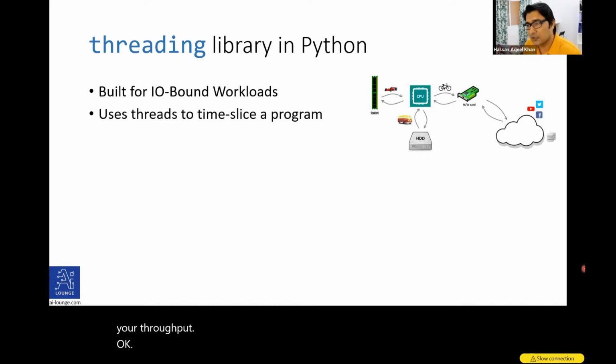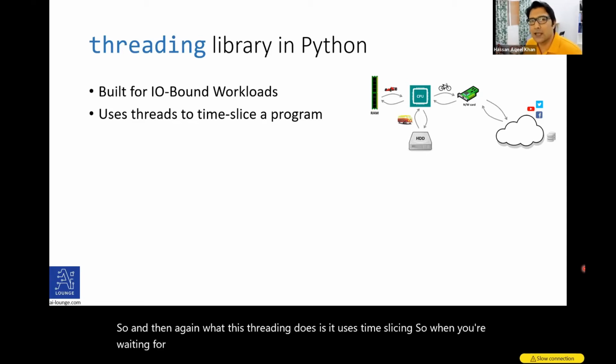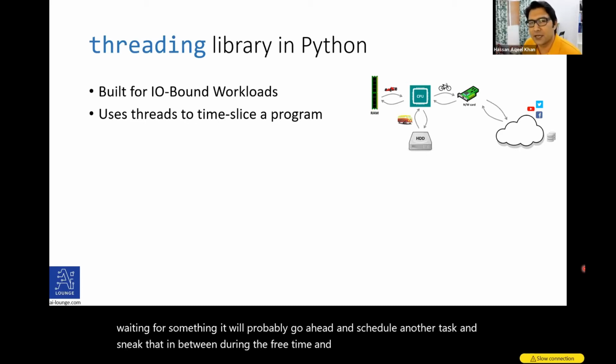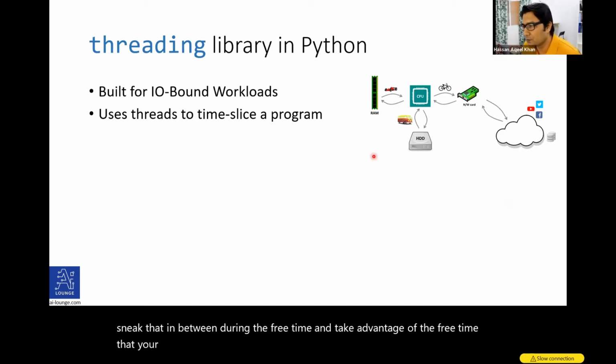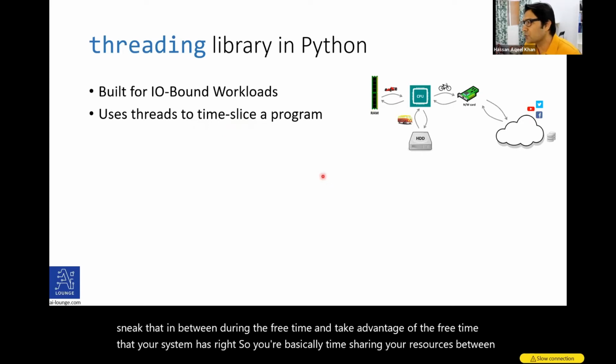Threading uses time slicing. When you're waiting for something, it will go ahead and schedule another task and sneak that in during the free time, taking advantage of the free time that your system has. So you're time sharing your resources between different threads within your program.